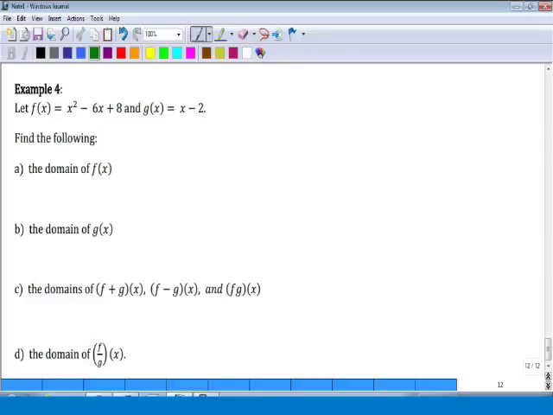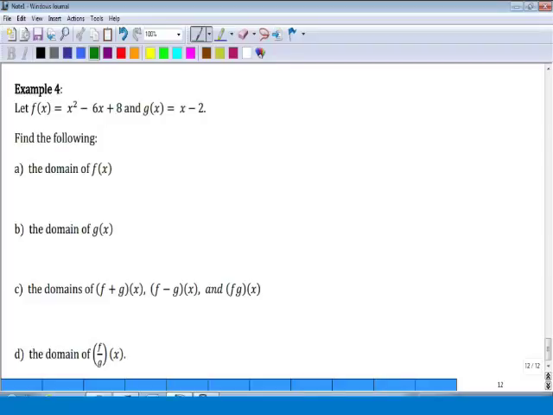So x has to be in the domain of both of those. On the other hand, if x is in the domain of both of those functions, you can evaluate f at x, you can evaluate g at x, and you can add them. So the domain of all three of these functions, f plus g, f minus g, and fg, is exactly what the domains of f and g have in common. So we find one of them, we got all three of them.